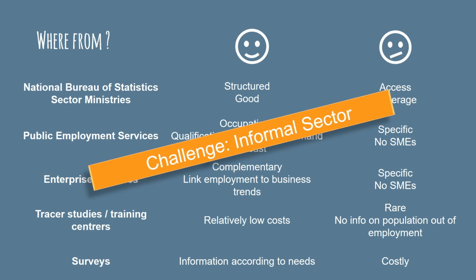Even when all informal workers can be covered, the validity of the resulting skills information should be questioned, as these workers will tend to obtain their skills through informal channels, not through formal education. They may be highly skilled, informally trained workers with no diplomas to show.